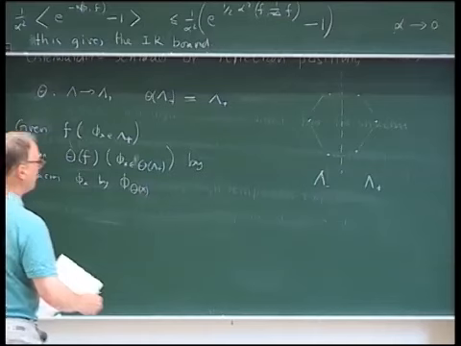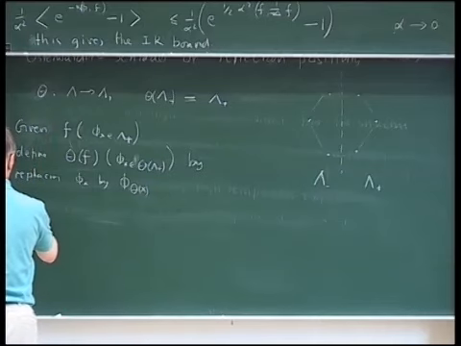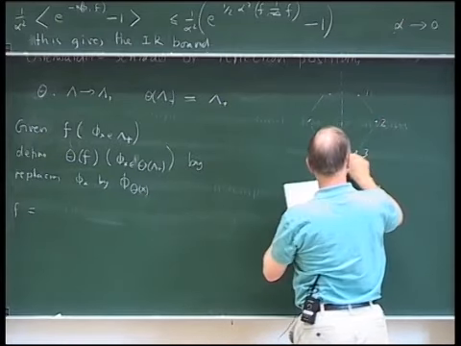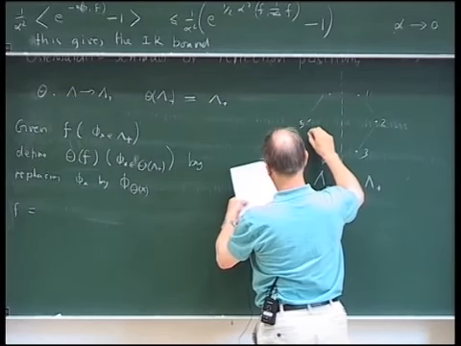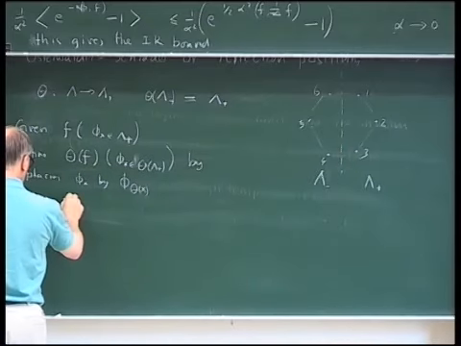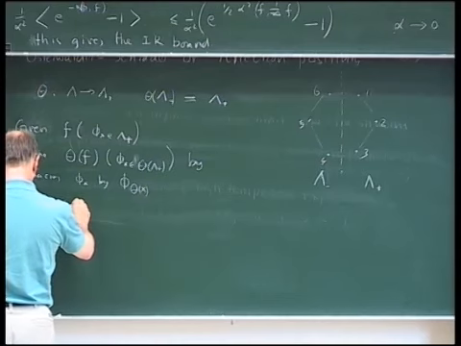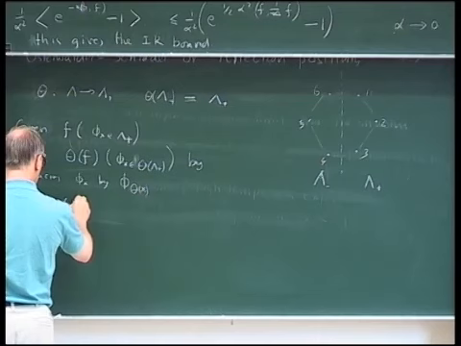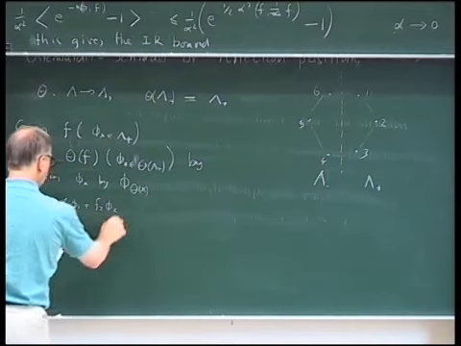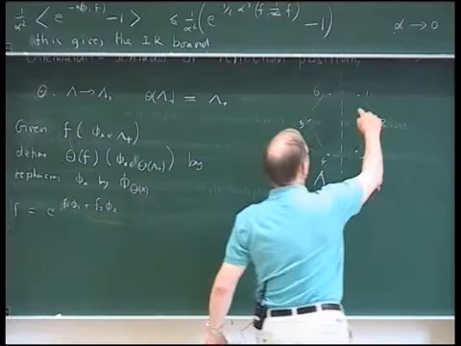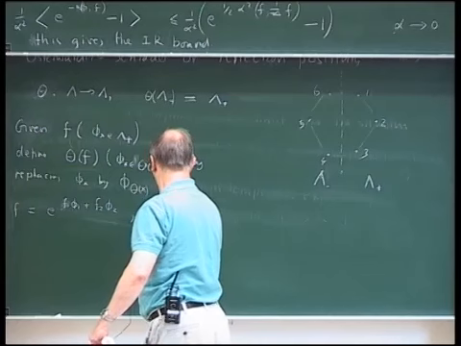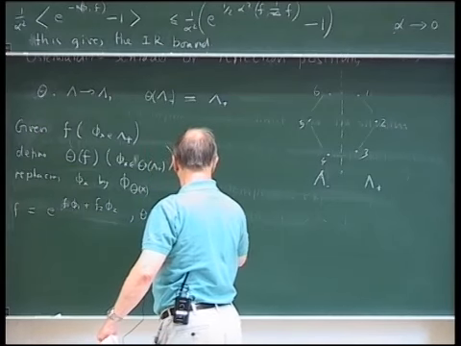Just to be concrete about this, suppose that f was, let's number these fields, 1, 2, 3, 4, 5, 6. And if f was e to the power of phi 1 f1 plus f2 times phi 2, so that would be a function that depends on the fields here and here, then theta of f would be e to the f1 phi.